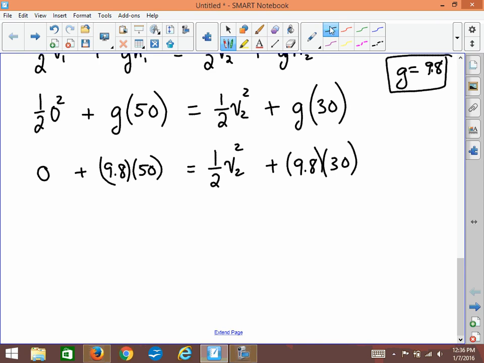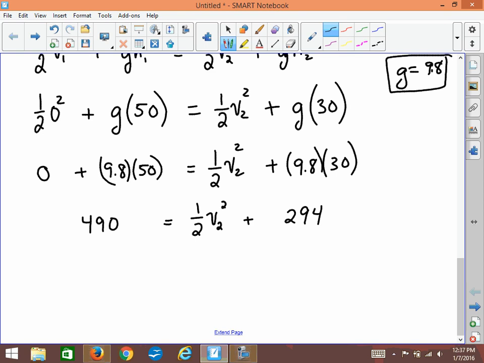So I'm going to multiply 9.8 times 50, and that'll come out to 490 equals 1/2 v2 squared, and then this would be 294. 3 times 8 is 24, 3 is 27, 29, 294. Okay, well, things have gotten a lot simpler now, haven't they?